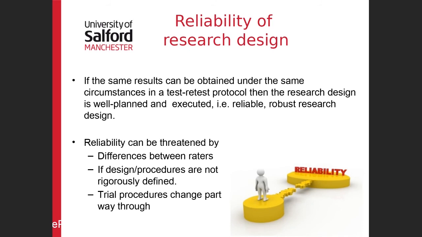And then the final thing to think about is reliability of research design. So if the same results can be obtained under the same circumstances, then we could be confident that the experiment is reliable. So as I said right at the start of the lecture, we want to be able to replicate quantitative findings across different laboratories or different settings in the world.